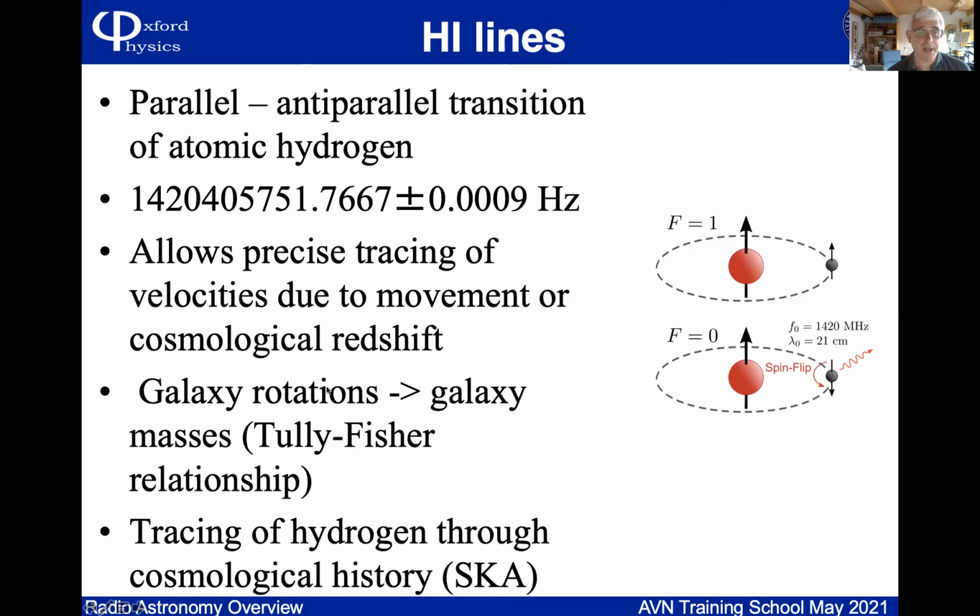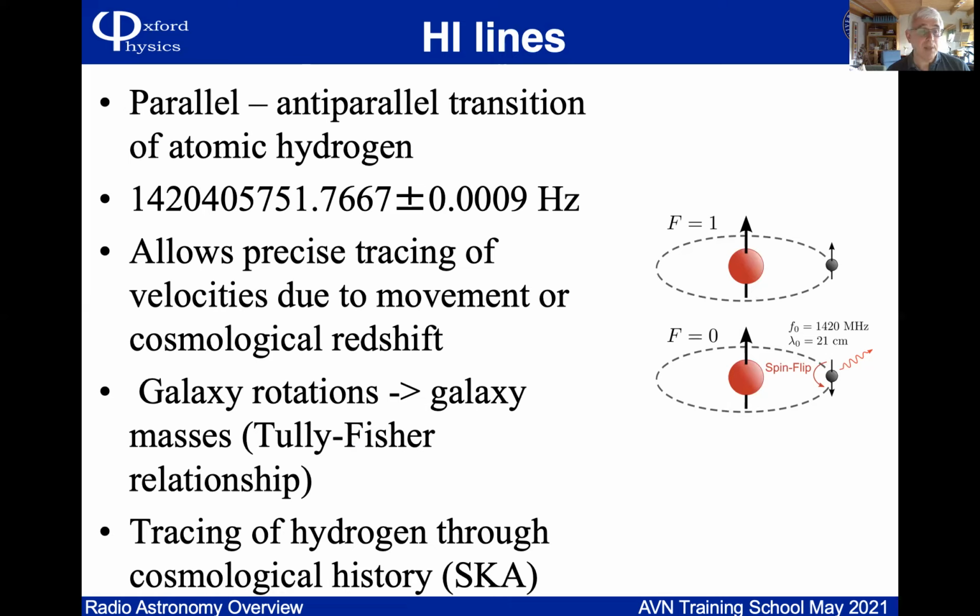It's one of the key tools which was used to establish the population statistics of galaxies, because the more massive a galaxy, the faster it spins, and you can measure that spin by looking at the Doppler shift of the H1 line. There's a tight correlation, the Tully-Fisher relationship, between the width of the H1 line seen from a galaxy and its mass.